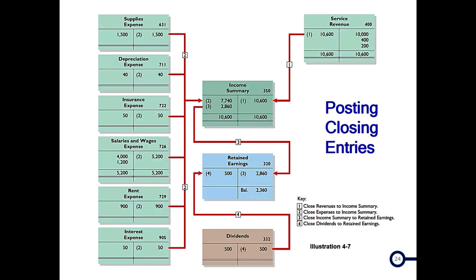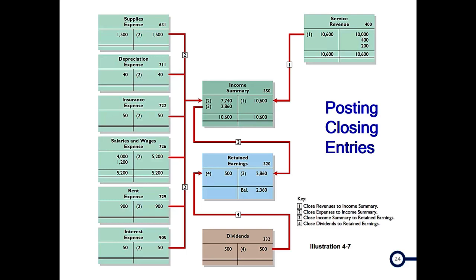So it currently has a credit balance, okay, which now also needs to be closed. There's a credit balance of 2,860. Okay, in order to get rid of the credit balance, we do a debit entry to the income summary account, and thereby we transfer the net income, so to speak, from the income summary account to retained earnings, where it belongs at the end of the period.